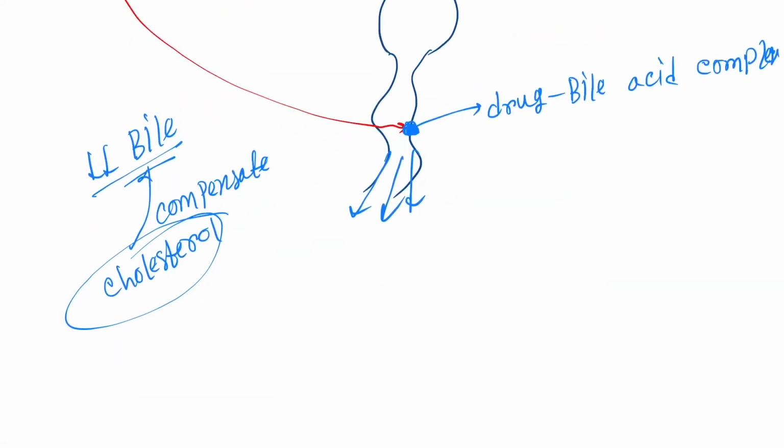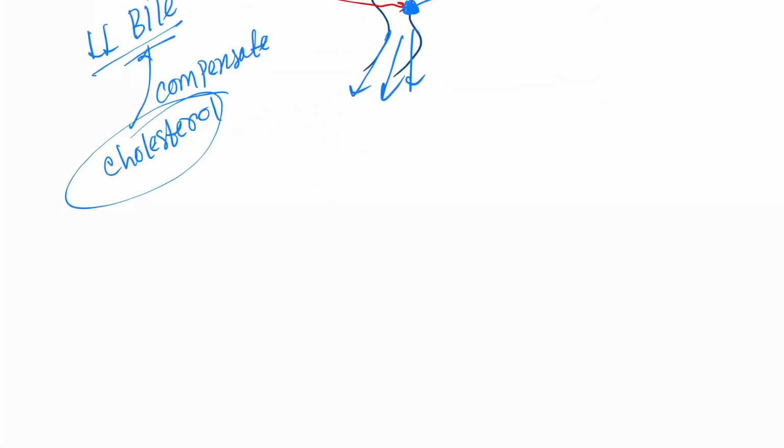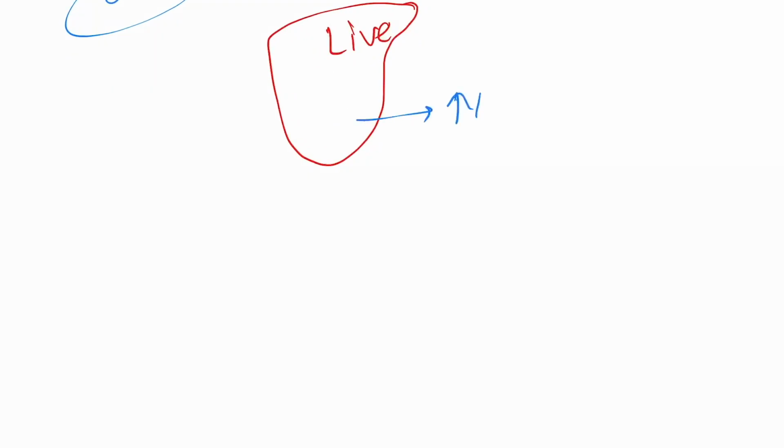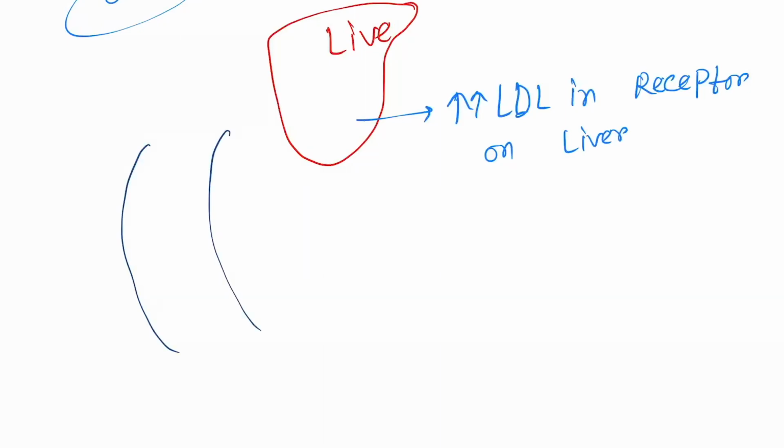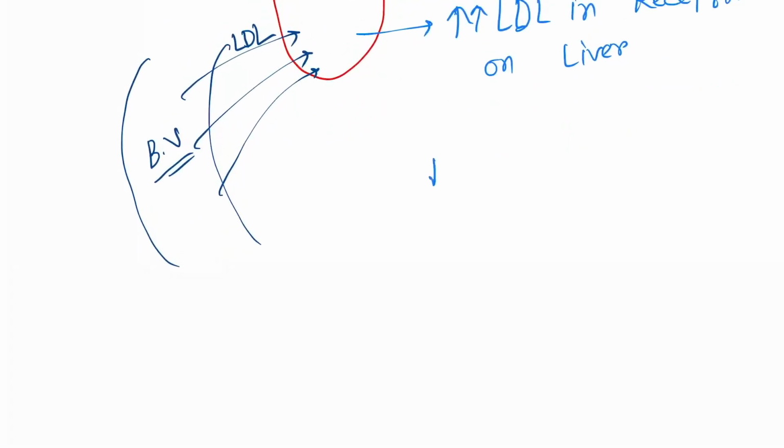Now in the liver there will be an increase in LDL receptors on the liver. How will it come? Here are the blood vessels. From the blood vessels LDL will come to the liver. As a result, blood LDL decreases. For the drugs, you have to remember a mnemonic.